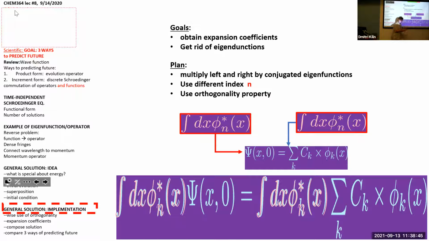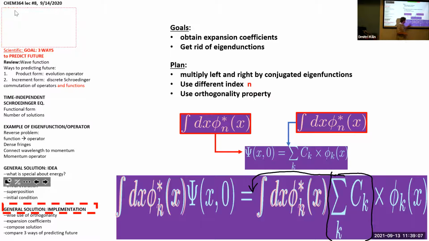So what do I want to do? If we do not have differential operators, and if you have only numbers and functions, one can swap the order. And integrations and summations are also swappable.